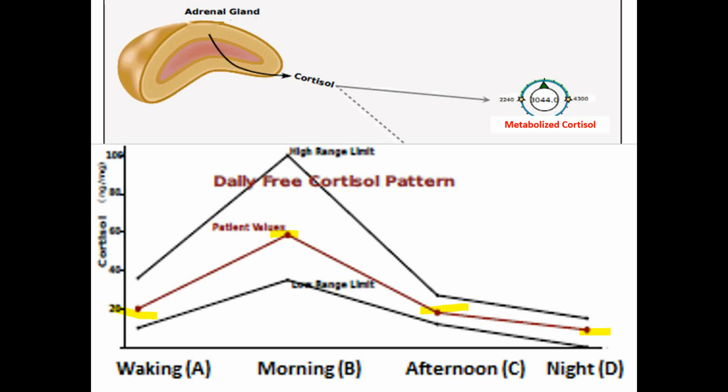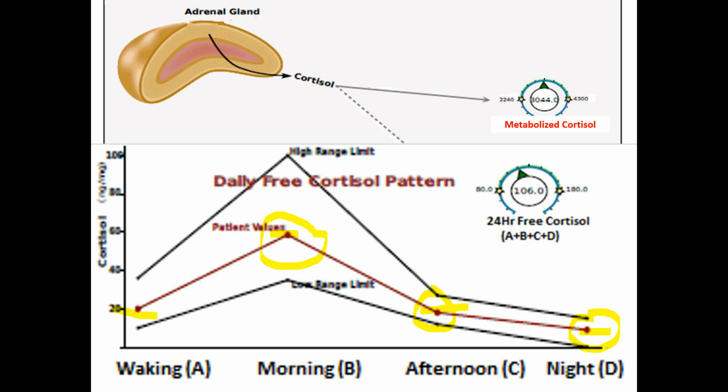The waking sample tells us what the cortisol is doing while you're sleeping, and then the morning sample shows us the first 2 hours of the day at which there's supposed to be this fairly significant surge of cortisol, which is then gone, and the results are back down usually in the afternoon, and then usually at their lowest around bedtime. And then we're going to add those 4 values up, which gives you an idea of the total throughout the day. So in this particular case, the free cortisol is very high overall.